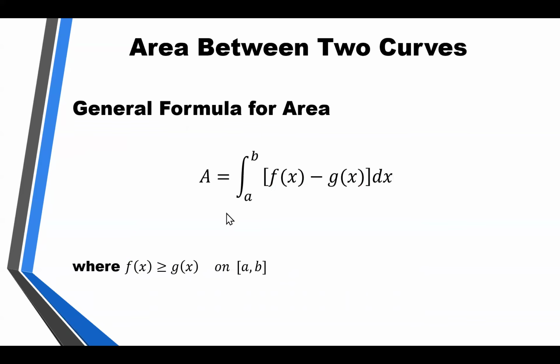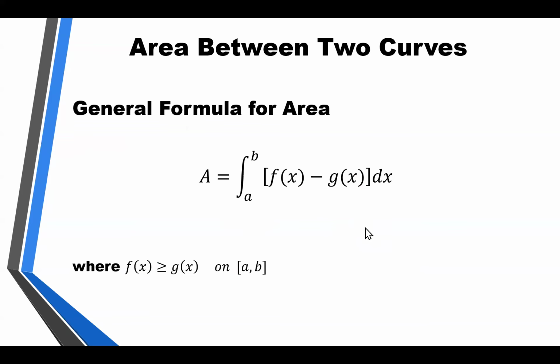If I ever want to find the area between two curves or the area of a closed bounded region, I just take the definite integral from a to b of the top one minus the bottom one. Sometimes if that changes, I have to add multiple integrals.